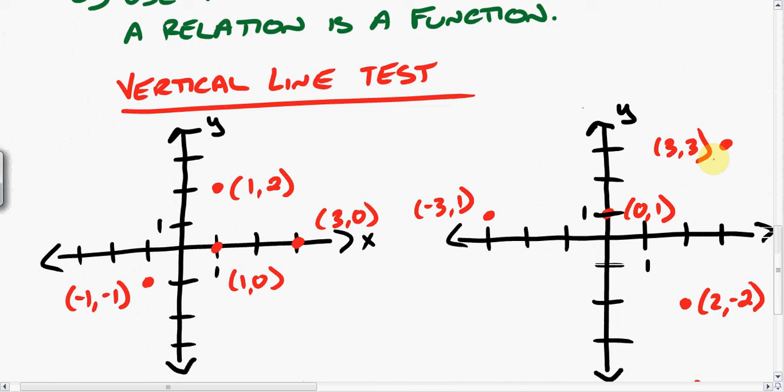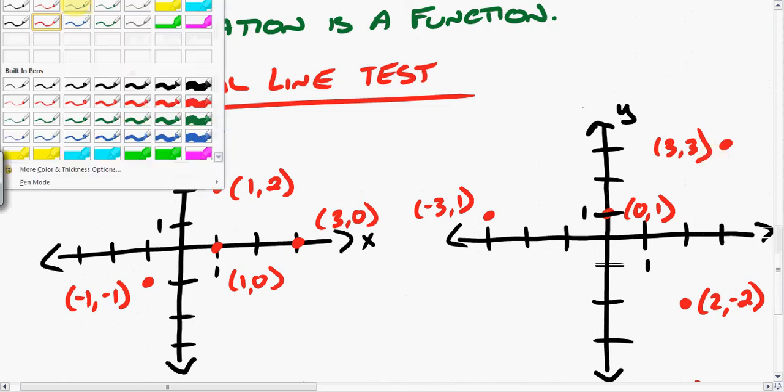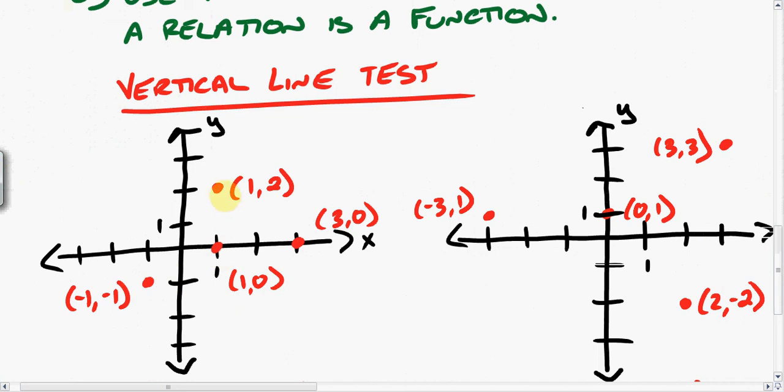So what a vertical line test tells us is we want to look at each of the points drawn and draw a vertical line straight up and down right through that. If I were to do that, I would have a vertical line here, a vertical line here going through those 2 points, and then a vertical line here. And the question is, does this represent a function?